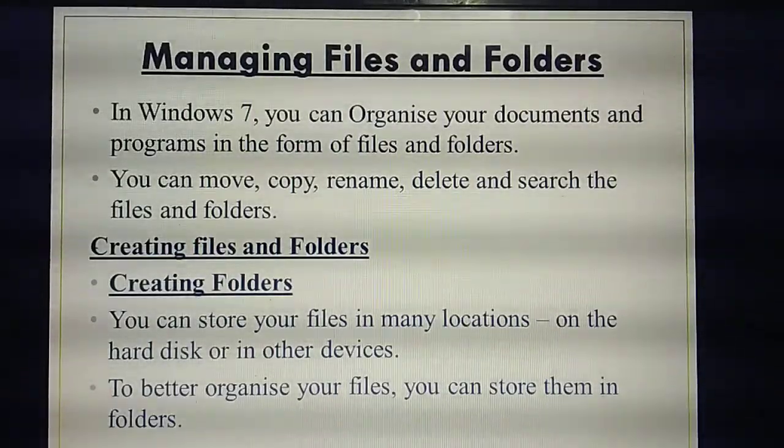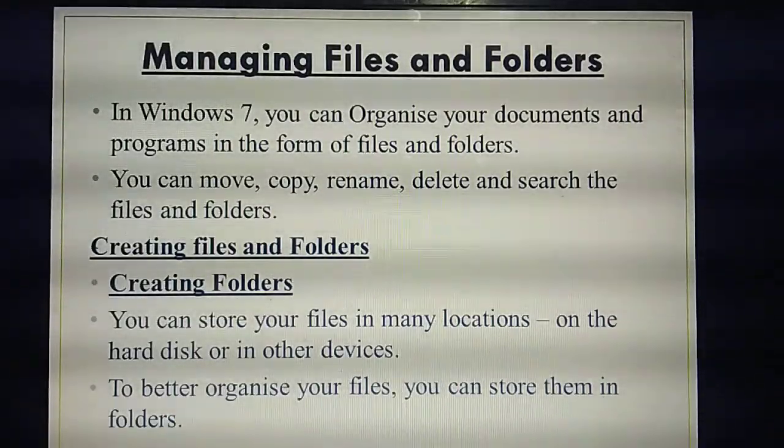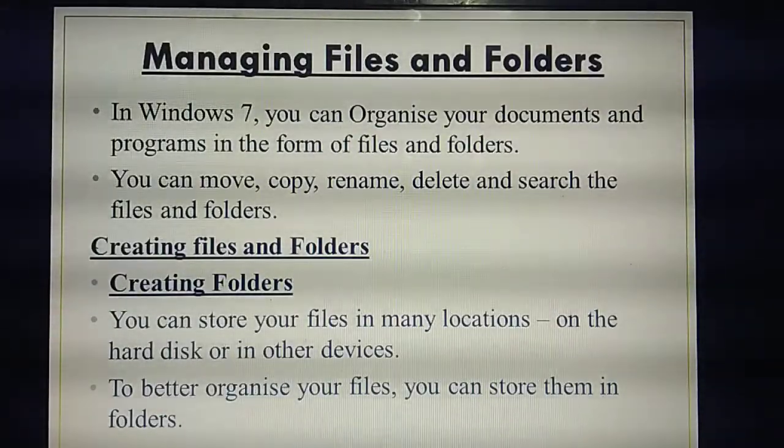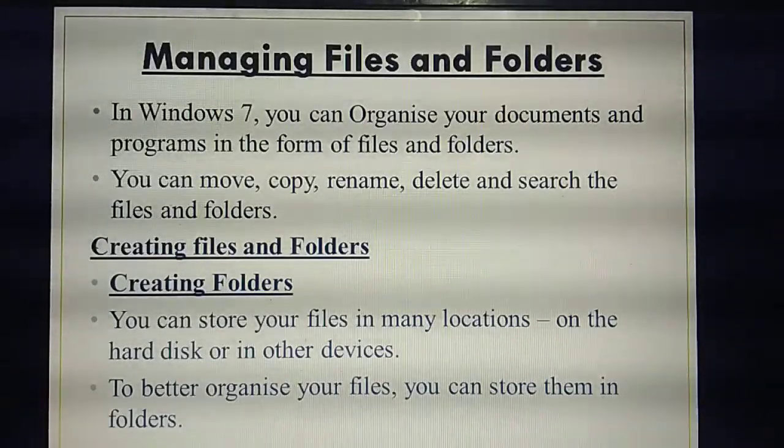So you can store the files in many locations. What do you mean by many locations? For example, your hard disk is divided into 3: local disk C, D and E. You can save any one image or photo in local disk C. The same photo you can copy in local disk D, and the same photo in local disk E. So you can store your files in many locations of your computer.